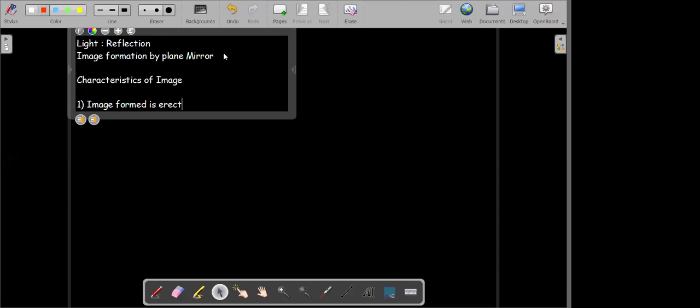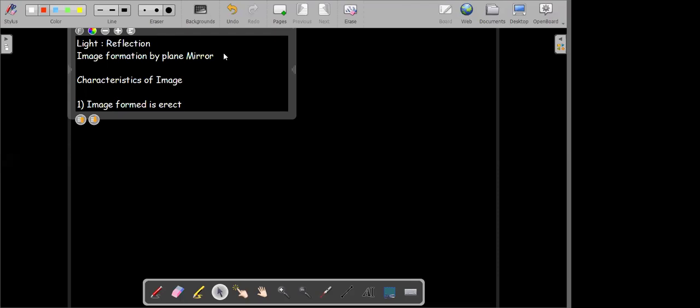Sir, is the shape of the actual object different when seen in the plane mirror? It's not different.